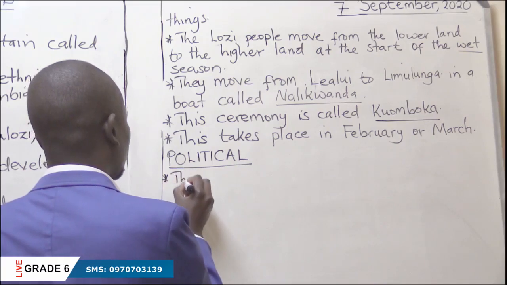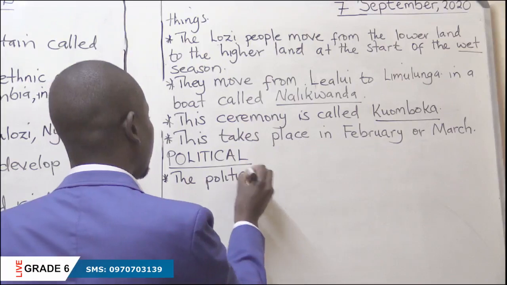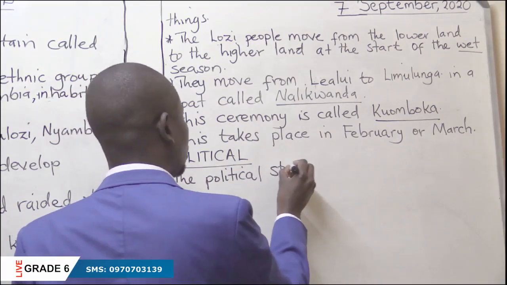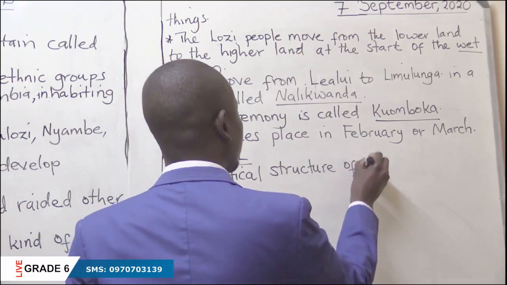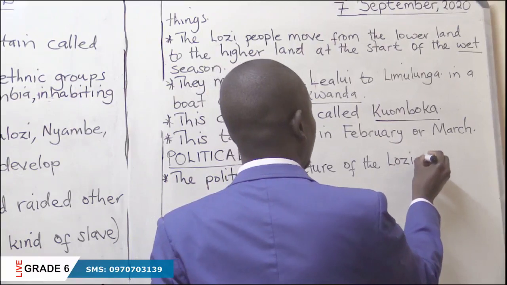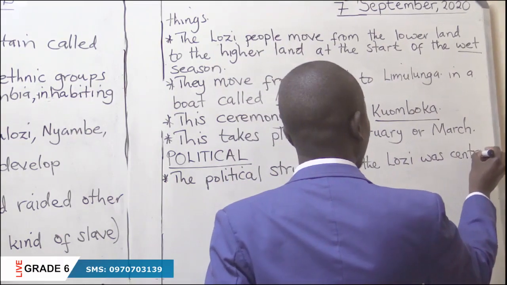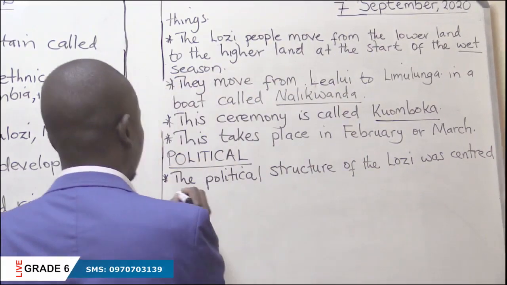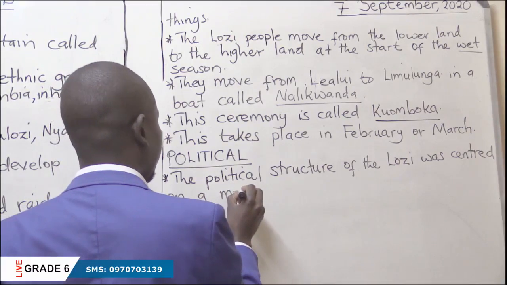So the political structure of the Lozi was centered on a monarchy.